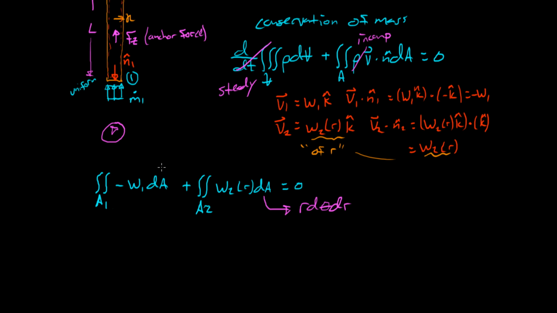Let's go ahead and do this integral, because that's the simple one, right? This is just minus W1 A1. The second integral, though, we're actually going to have to deal with. So we'll sub in here. The equation they gave us was 2 W max times 1 minus little r over big R squared.